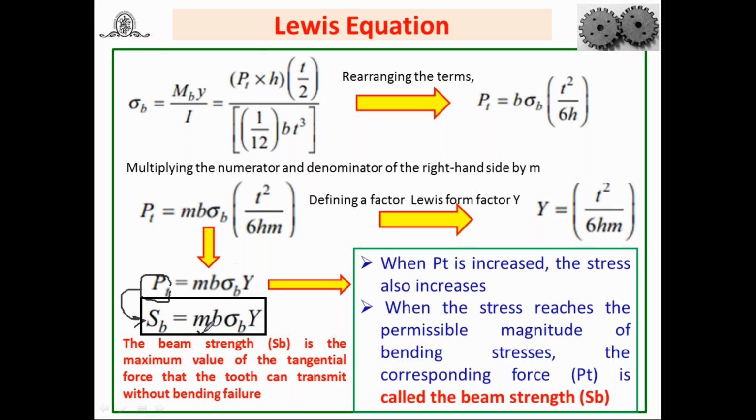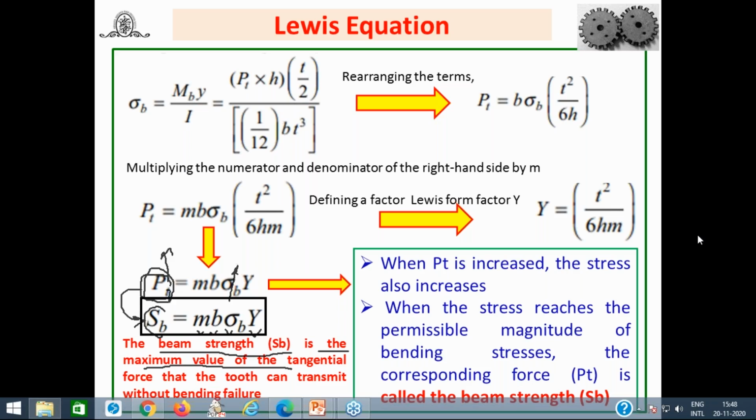Therefore, SB is equal to M into B into sigma B into Y. Try to understand. Therefore, I am going to define beam strength of spur gear as the maximum value of PT. When it reaches the maximum value, the stress also increases because of PT max. And when it reaches the permissible magnitude of bending stress, the corresponding PT we say is SB.